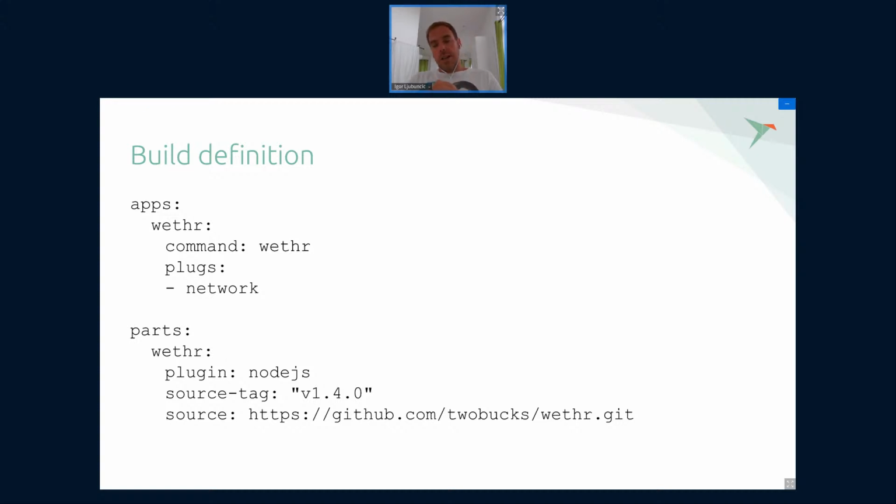Build definition is the last part of the YAML, and it contains two parts. There's the application definition, where we declare the application and the interface overrides. That's done by the keyword plugs, which then says this application needs to plug in to the network interface and/or other interfaces, and then it will have relevant access and functionality. And parts is the component where we declare the sources from which the application will be assembled.